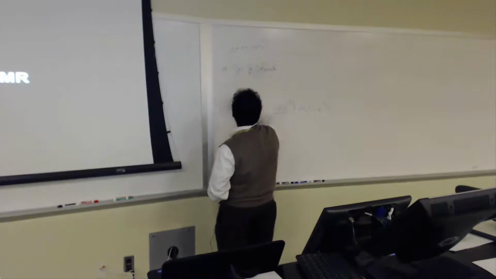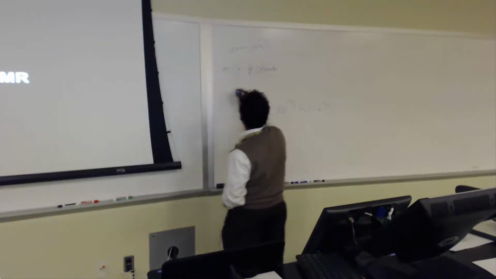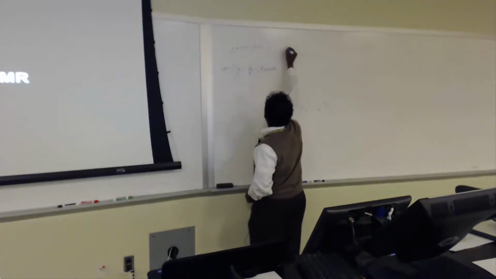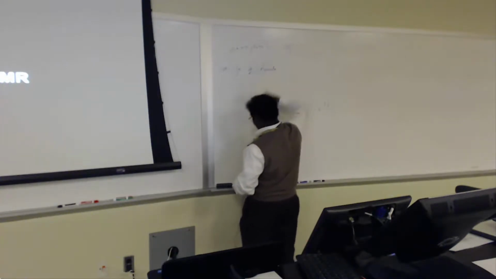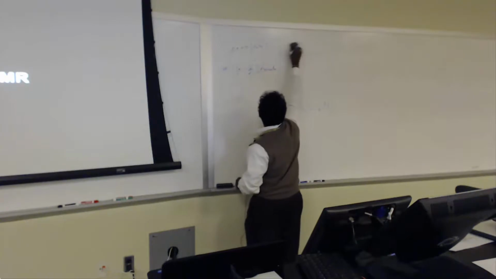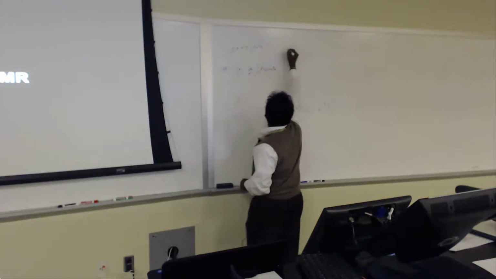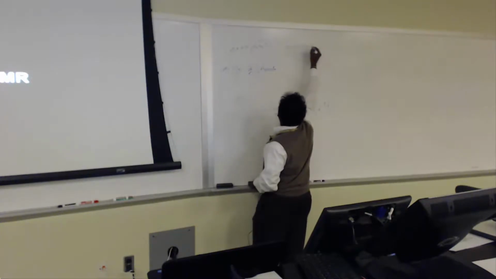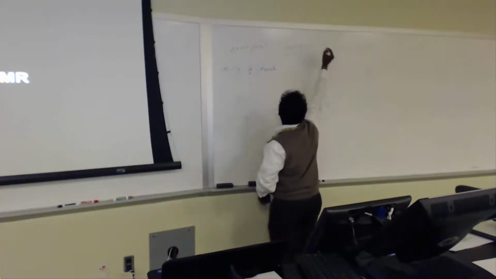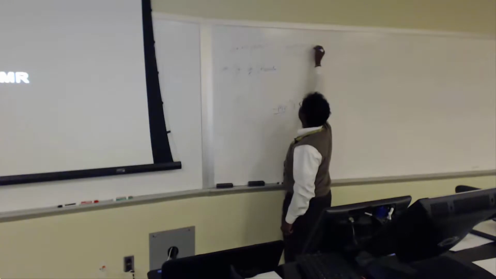Right. So now the scenario we are considering is 2 delta x, and then this is 2 delta y. Now does the number of voxels change?